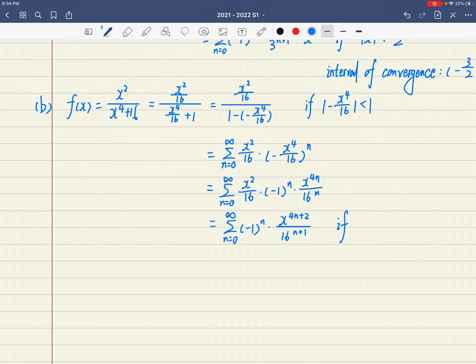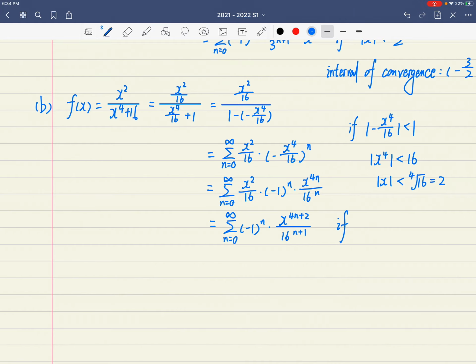Okay, again, if this is true, how do you solve this? Essentially the absolute value of x to the power of 4 is smaller than 16. So the absolute value of x must be smaller than the 4th root of 16, which is 2.